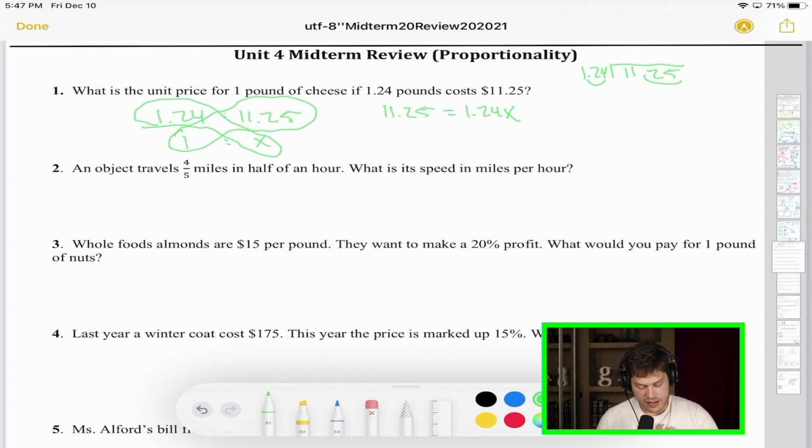Is this 8 or 9? Well, times 10 would be 1240. Okay, I think it's times 8. 124 times 8. 8 times 4 is 32. 16, 19. 992.